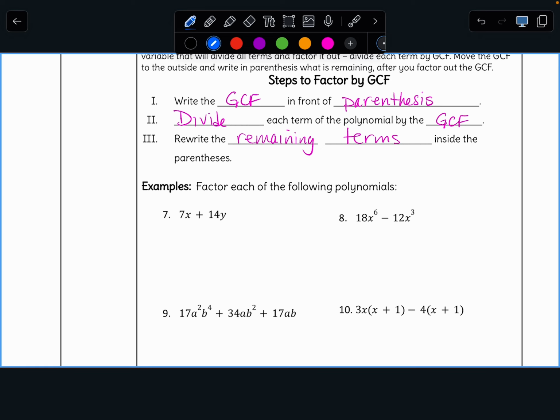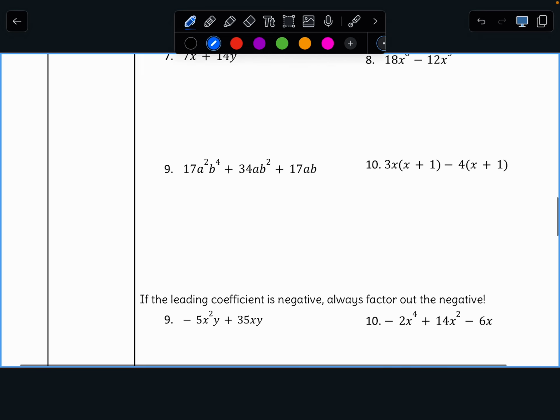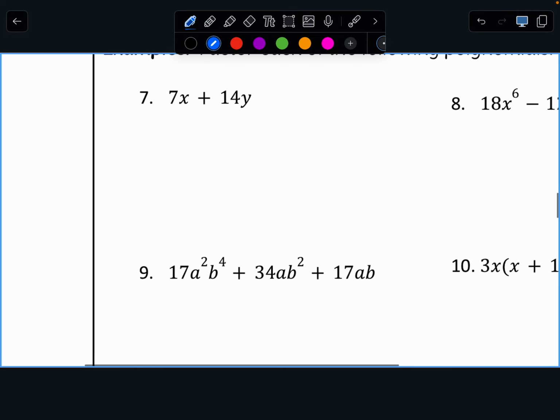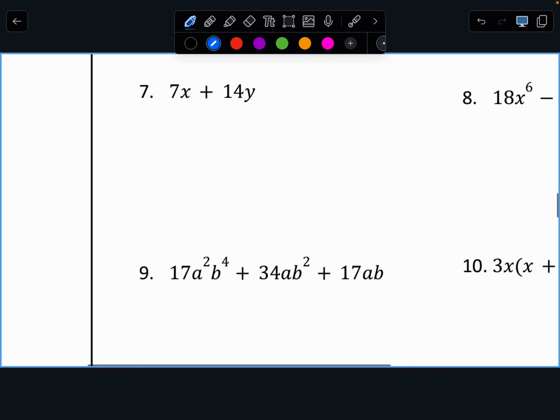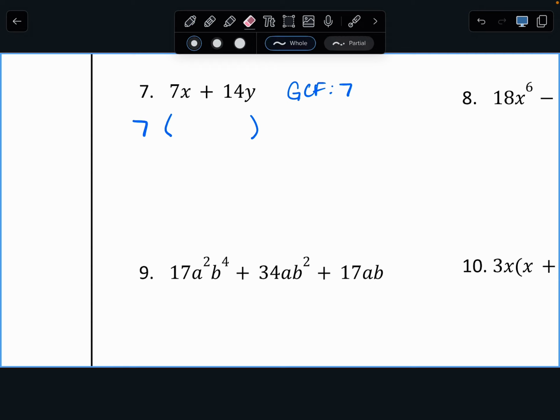So let's try that. When we look at number 7, from the coefficients only, from 7 and 14, what's the GCF? 7. And I don't have the same variables, so that's all I can do. So we write the GCF and put some parentheses, and then we divide.